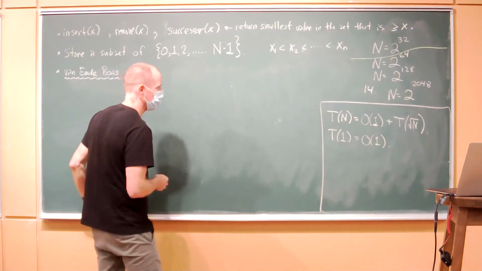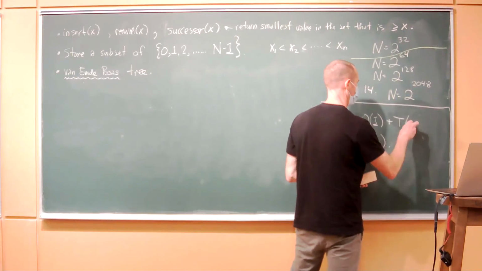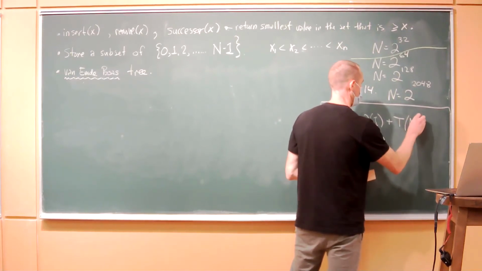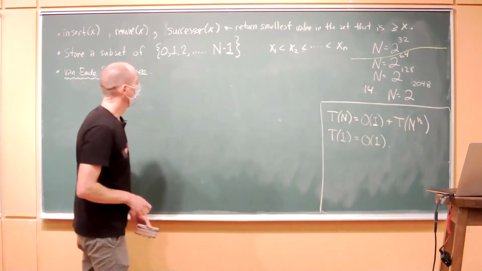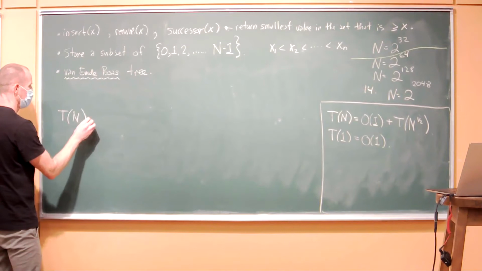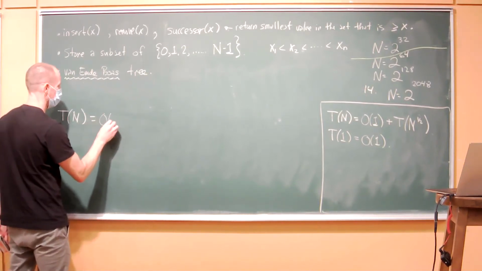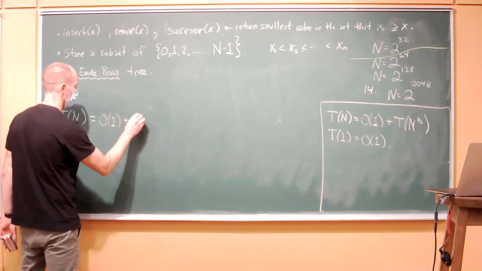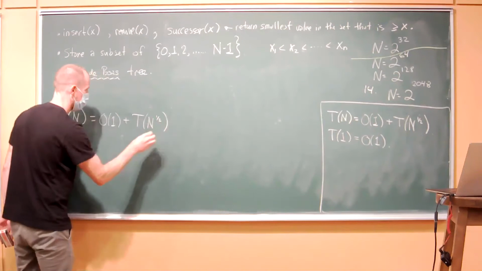And another way to write square root n is n to the 1/2. And when you do that, you can see what this thing does. So you get a constant plus T of n to the 1/2.